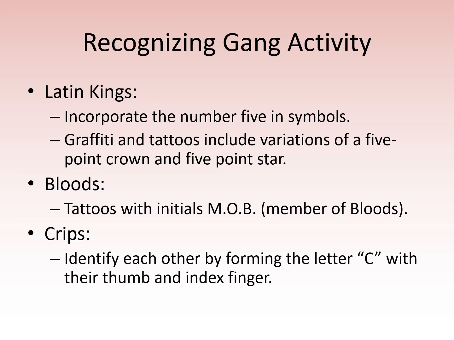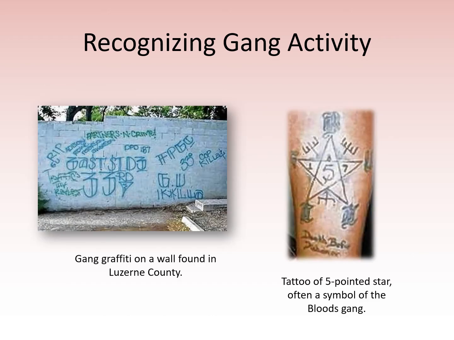The Crips have a way of moving their hands. They do a hand symbol that indicates the letter C, representing the name of their gang. On the picture on the right, you can see a tattoo that contains a 5-pointed star, and that's often the symbol of the Blood gang.